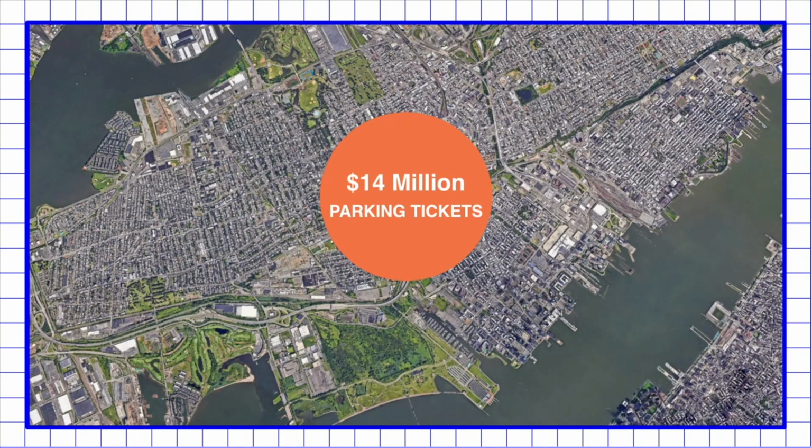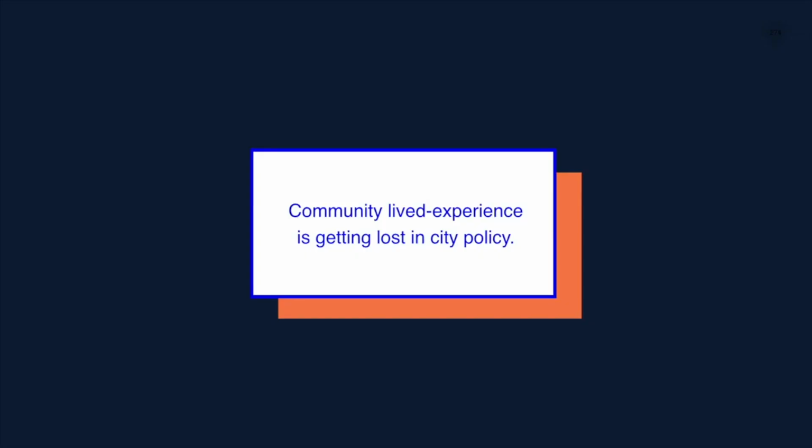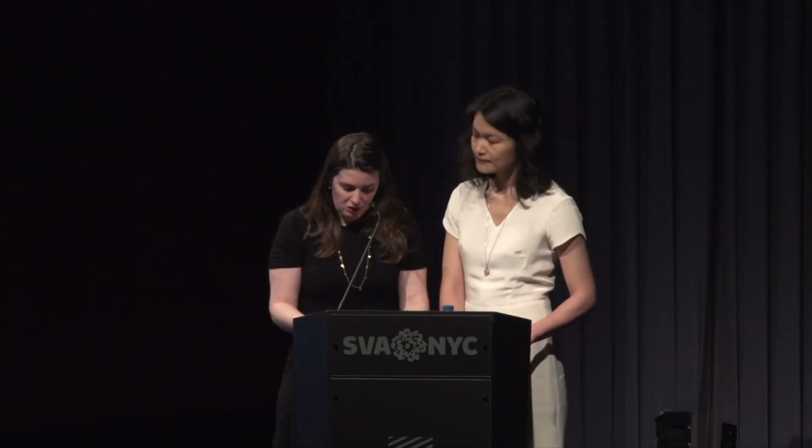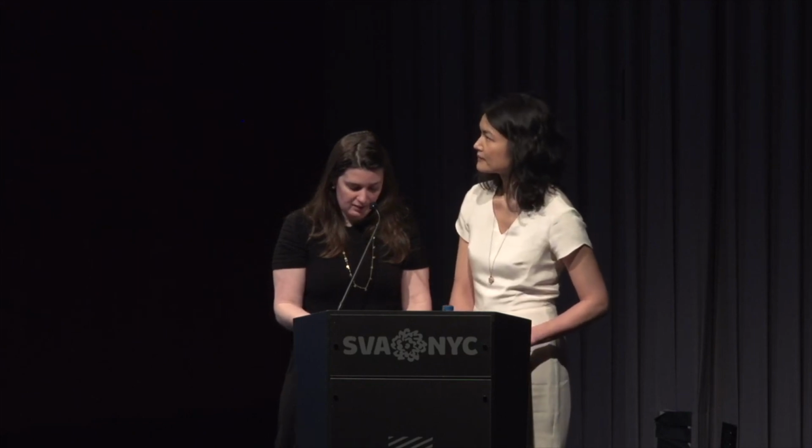In 2016, Jersey City collected $14 million in parking tickets, mostly from no parking signs, and now stands to make even more. Community lived experience is getting lost in city policy. Michelle is aligned with community needs and wants to create a parking plan for residents.